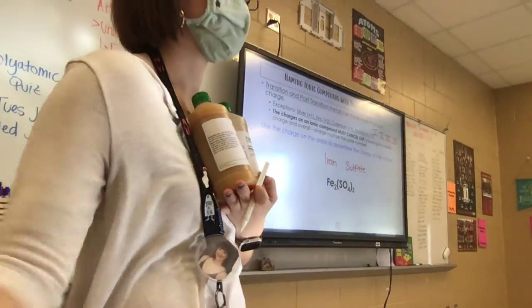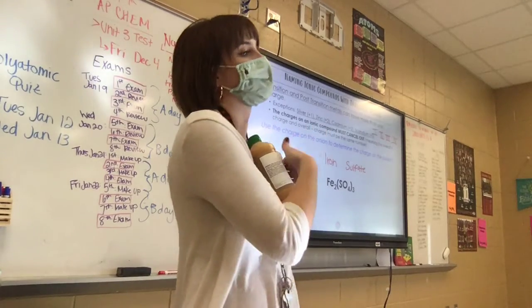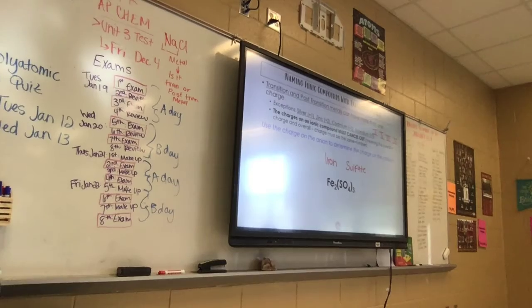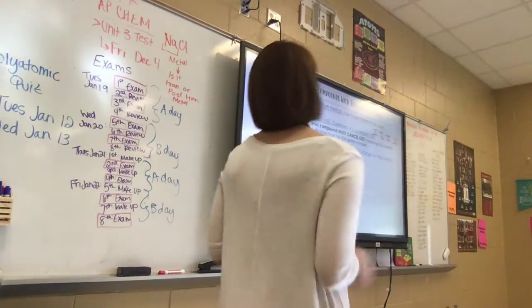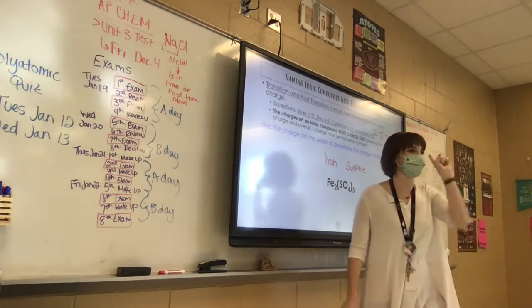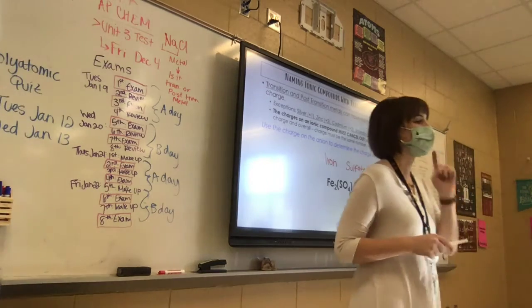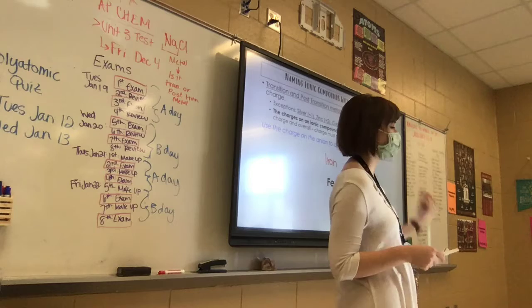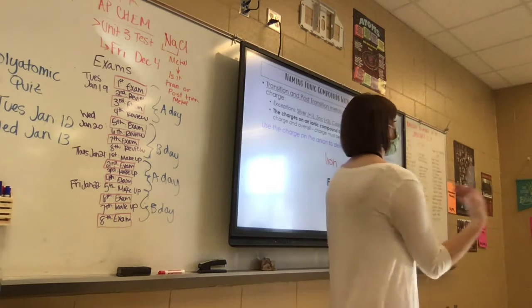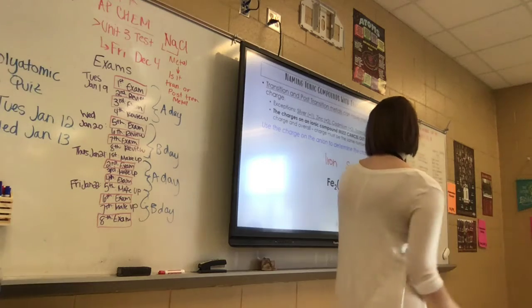So we've got to determine which one of these it is. Is it iron 2 sulfate or iron 3 sulfate? Okay? So to do that, oh, and one more thing, the Roman numeral is the charge of one of those ions, of one iron. So iron positive 2 means that one of my irons has a positive 2 charge. Iron positive 3 means that one of my irons has a positive 3 charge.